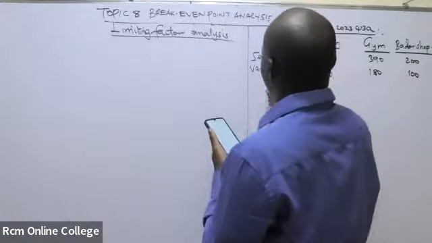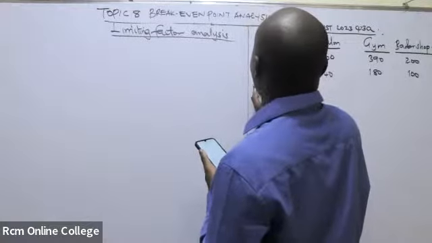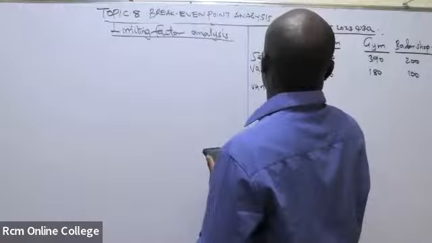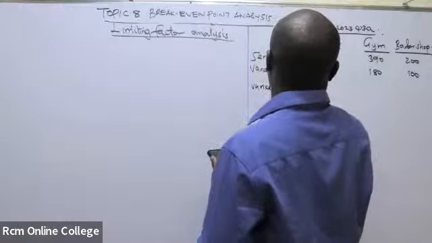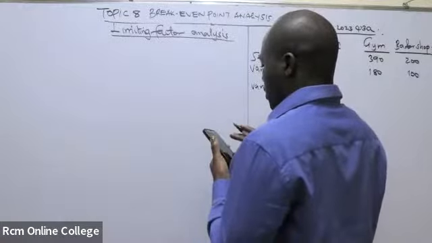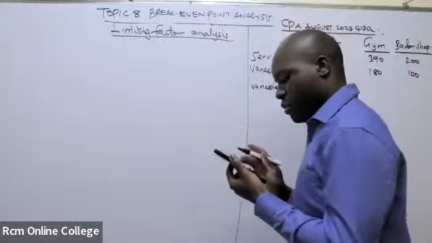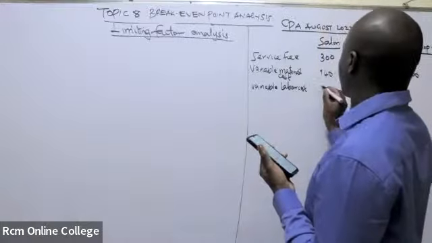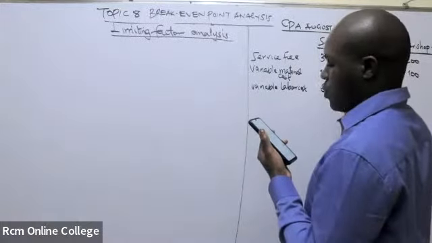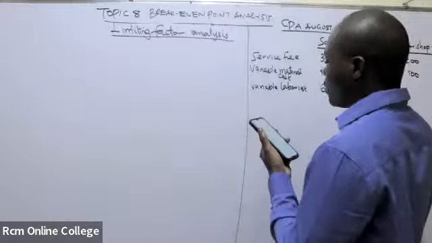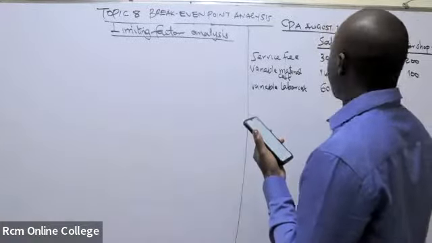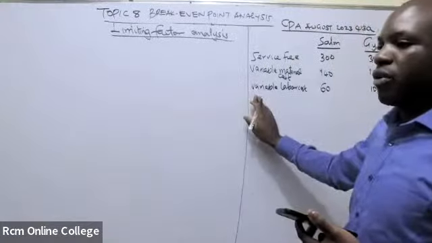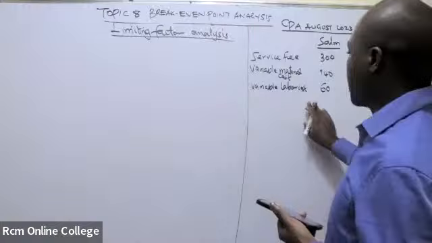We deduct them. And then we have the variable labor cost: 60, 100, 50. What if we add variable production overheads? You also record them here.